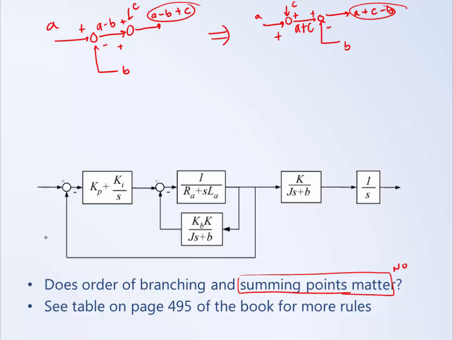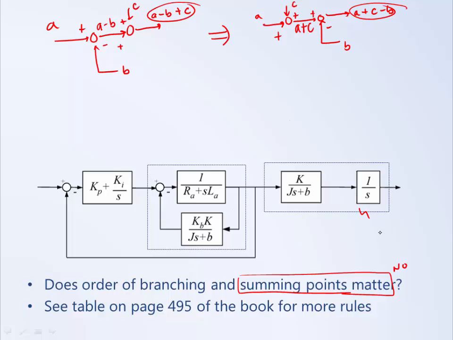So returning to our example, we've now reduced our block diagram to this point. Looking at this, we now again see some structures that we recognize as being standard structures that we know rules for reducing. In particular, we have this negative feedback loop, and we have these two blocks in series.